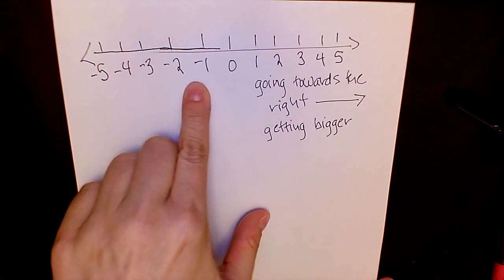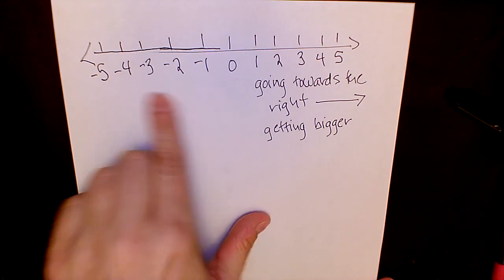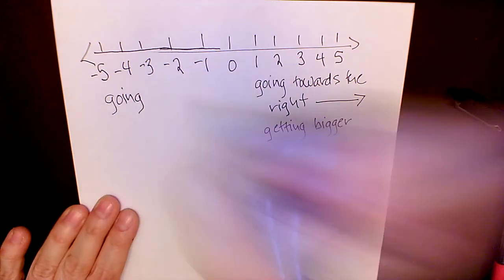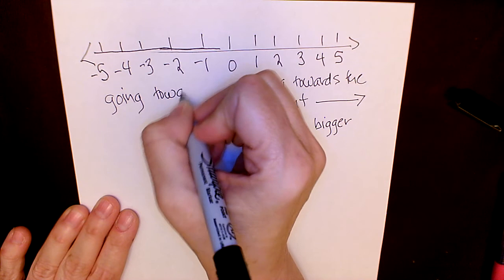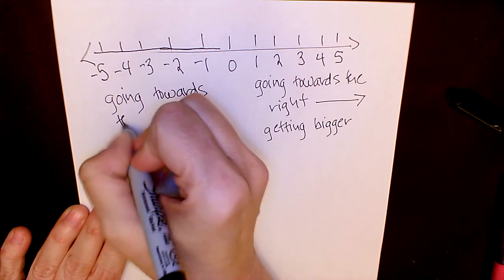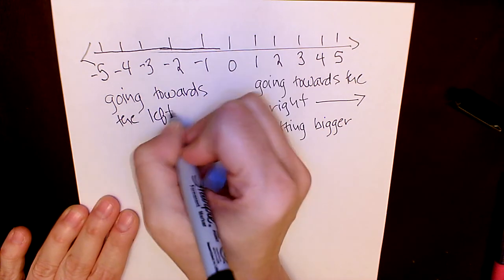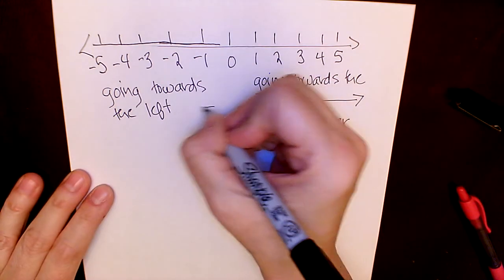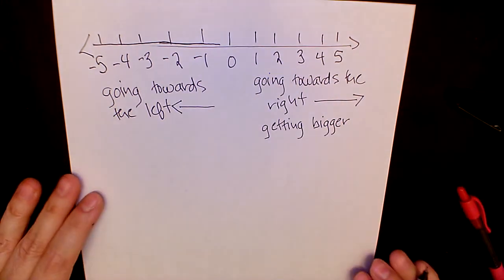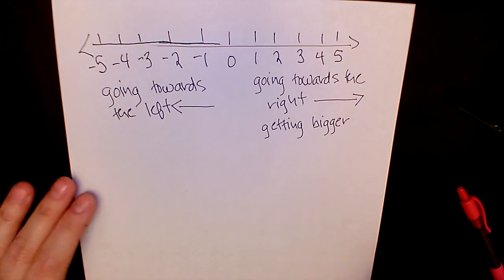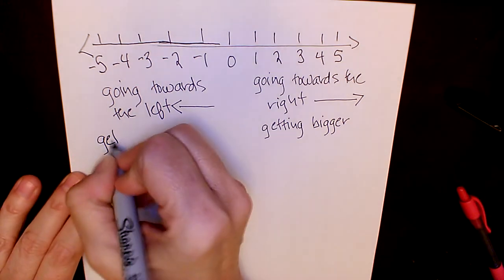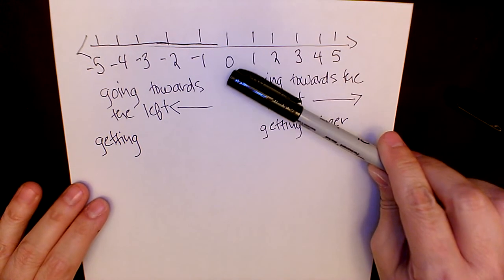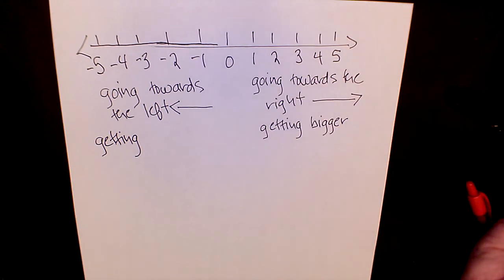Now remember, anything below 0 is less than 0, so it's small. So as I'm going toward the left, I'm going -5, -6, -10, -100. Am I getting bigger or smaller? Well, anything smaller than 0 or less than 0 is smaller.